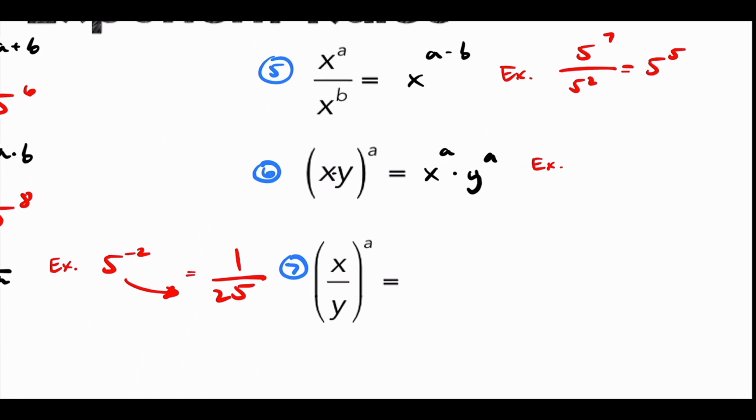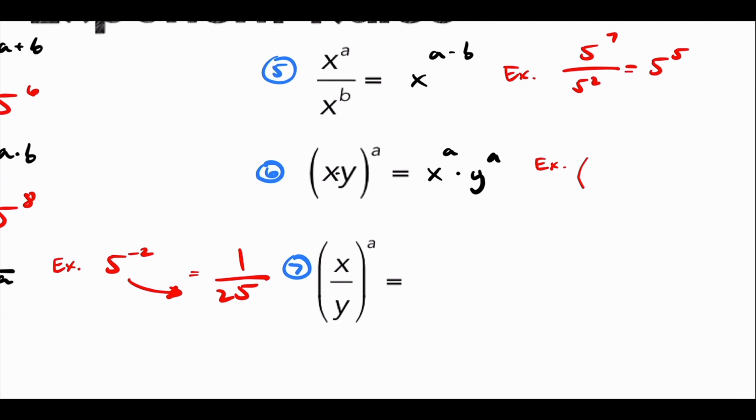For example, what if I have 5 times x to the 2nd power, all squared? Well, 5 gets a power, and x gets a power. So it would be 25x squared. That's rule number 6.